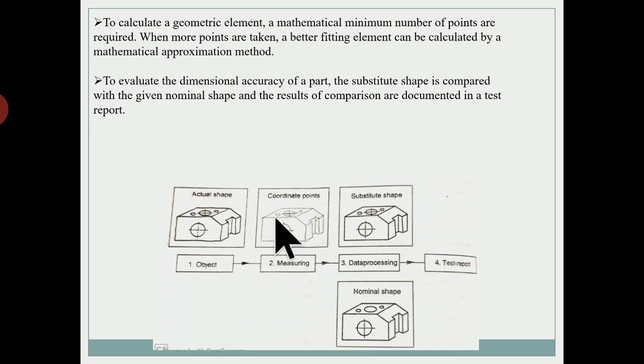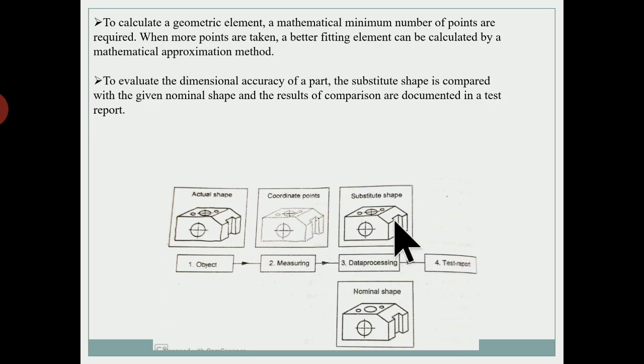That is, wherever we touch the probe of the CMM, a point is generated. Hence, we will get a shape like this. This is called a point cloud. And using this point cloud, a mathematical model is developed. That is the data processing stage, and a shape is generated using this point cloud.